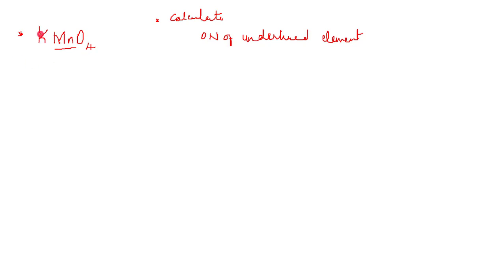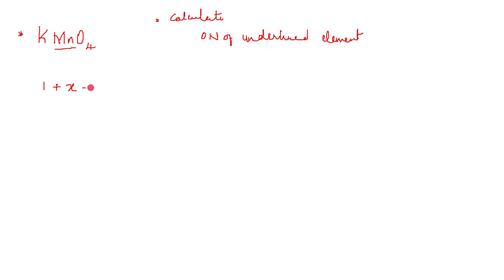Potassium, you have to take its charge as it is an alkali metal, so its oxidation number is always +1. Plus, for manganese, the oxidation number has to be calculated, so you take it as x, unknown.